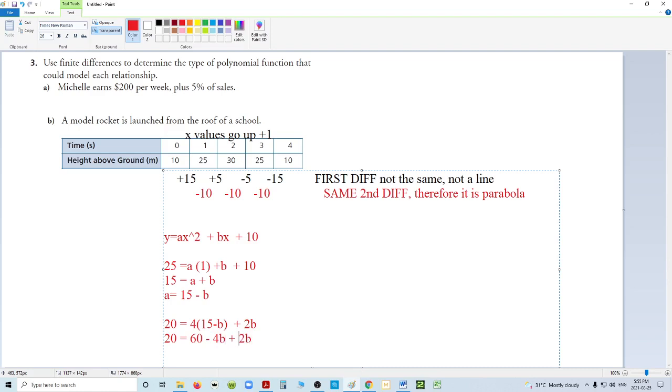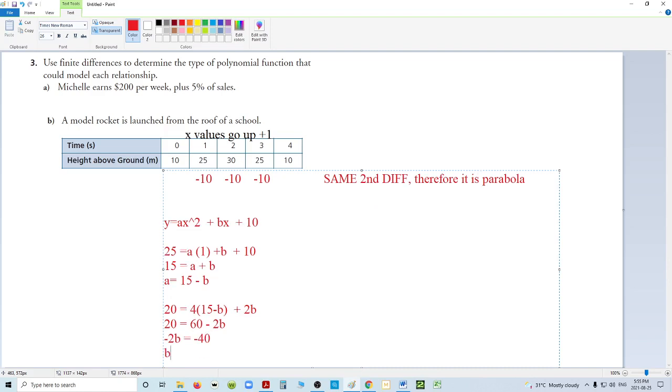What's minus 4b plus 2b? Minus 2b. Okay, so now I get minus 2b is equal to minus 40, which means my b is equal to 20. If my b is equal to 20 and a is equal to 15 minus b, then my a is equal to minus 5. Now I have the proper equation, and the proper equation is y is equal to minus 5x squared, which makes more sense now, plus 20x plus 10.